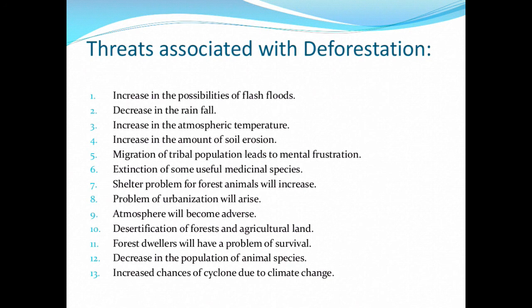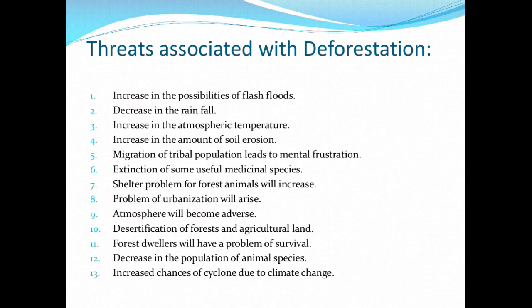Migration of tribal population leads to mental frustrations. Based on the forest and the trees and the plants available in the forest, tribals have existed for so many years.